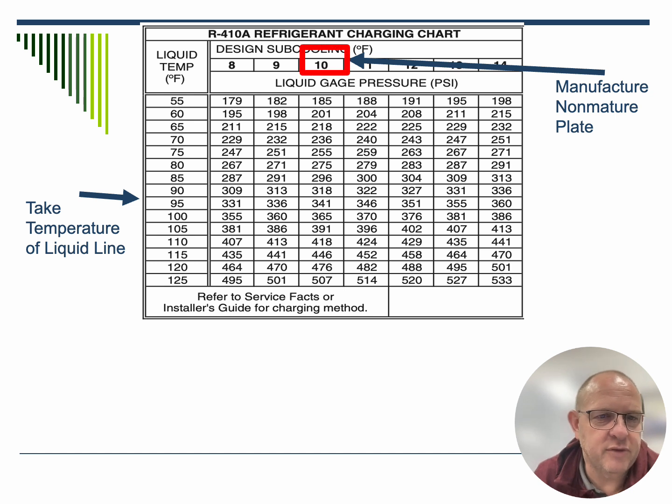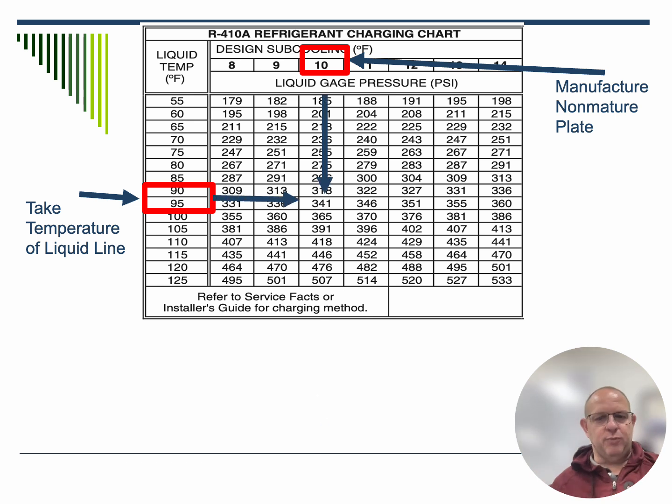We found out that our liquid line temperature was running somewhere around 95 degrees. We're looking at our design subcooling of 10 degrees. And where do these two numbers cross? Well, our high side pressure on our high side gauge should be somewhere around 349.